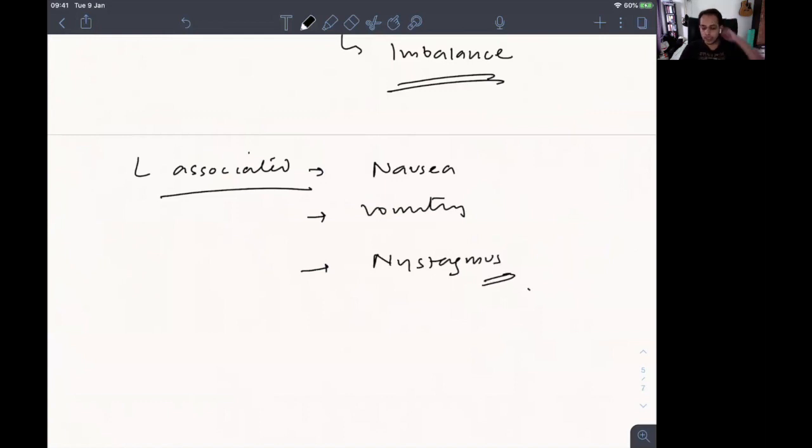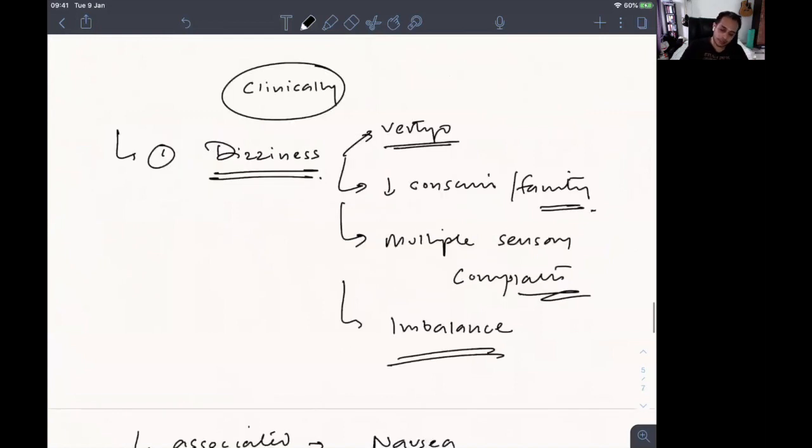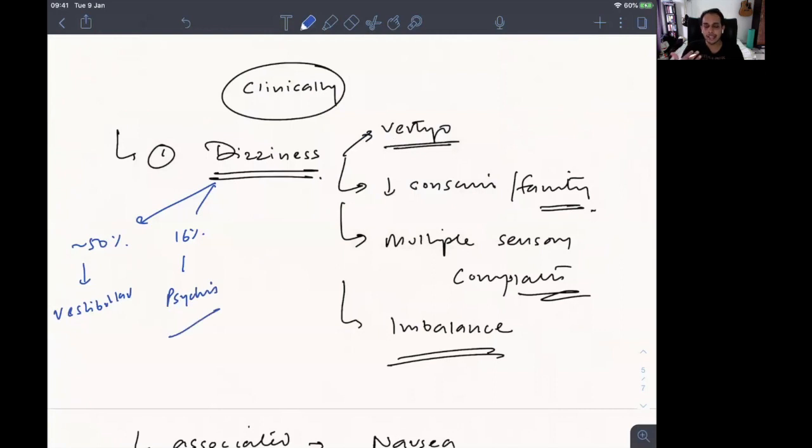Okay. So there was a study done. They took 100 patients of dizziness, and they found that almost 50% of them had some problem in the vestibular system. Around 16% of them had some psychiatric problems. So they either had anxiety, or they had a panic attack, or something like that.